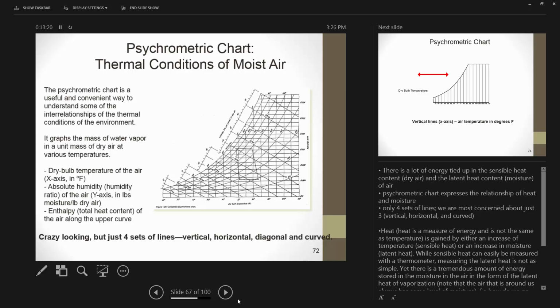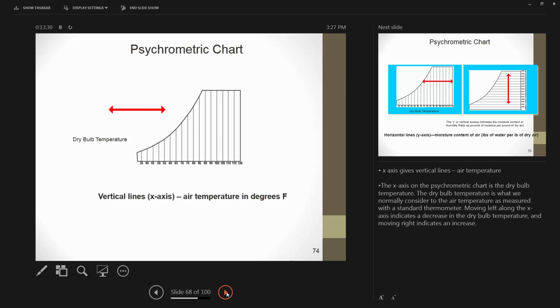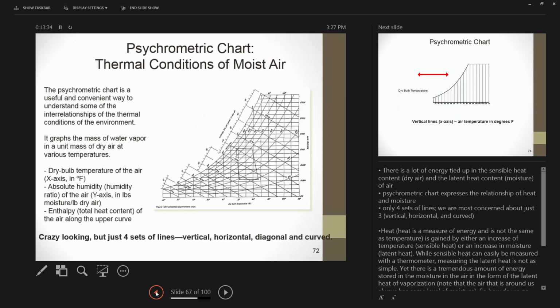We do that with the psychrometric chart, and you don't need to know how to use this. We're not going to start using this to talk about latent heat, but you just really need to know what it is. When you see it for the first time, it looks really convoluted and impossible to understand, but it's actually a great little chart.